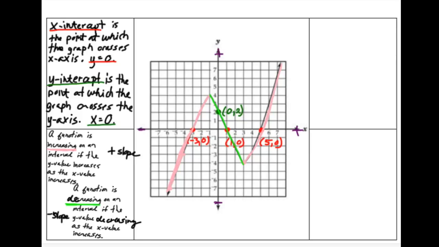Moving on, the upper right-hand corner of your foldable, we're going to talk about the relative maximum. So the relative maximum is the y value of the highest point in a particular region.